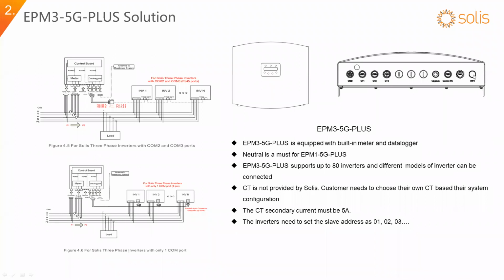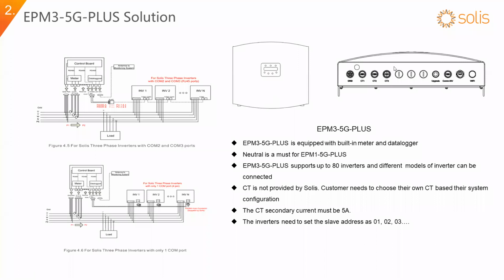Or you can use a Wi-Fi signal, because here is a Wi-Fi antenna that can broadcast the Wi-Fi signal, and then you can connect to the router as well. So for the monitoring part, you can do it either wirelessly or with a wire. Actually, this data logger inside the EPM box is exactly the same as the Wi-Fi box Solis has. So it has the same function.